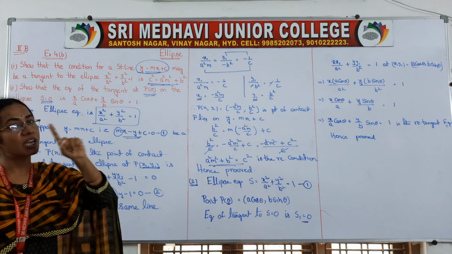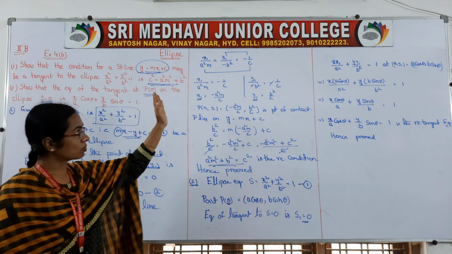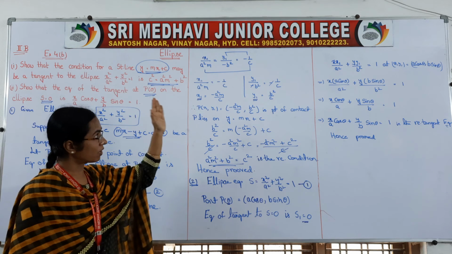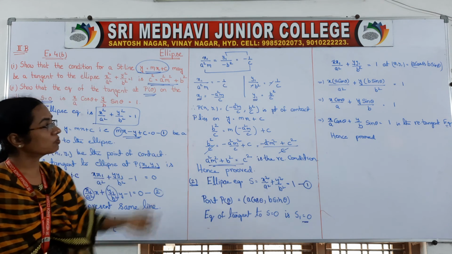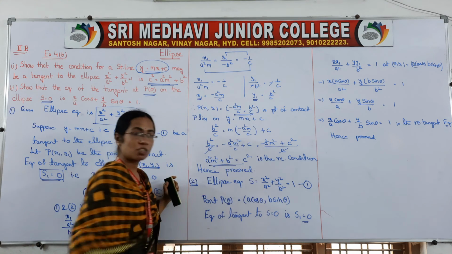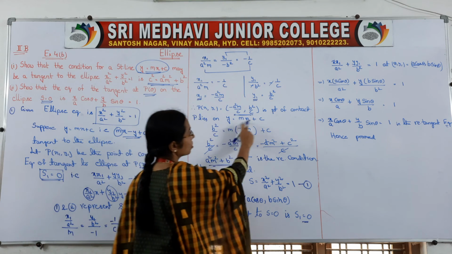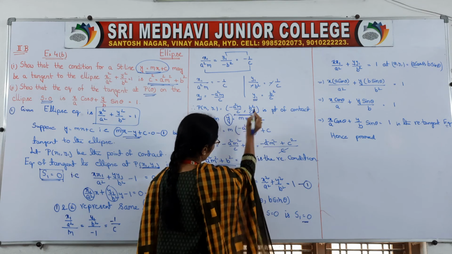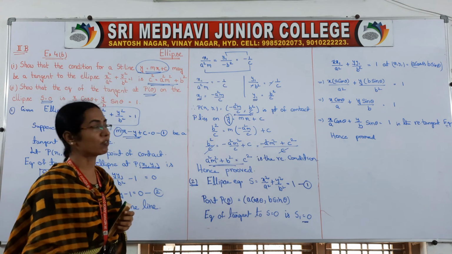I need the x1 value and y1 value. So take the x1 term and the constant and get your x1; similarly take the y1 term and the constant and get your y1 value. Once we get x1, y1, that is the point of contact. That definitely lies on the tangent y = mx + c, so the y coordinate in y's place and the x coordinate in x's place satisfy it.